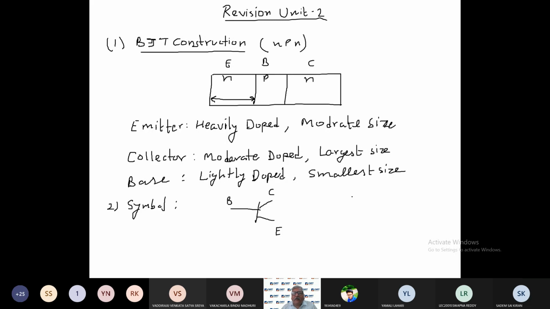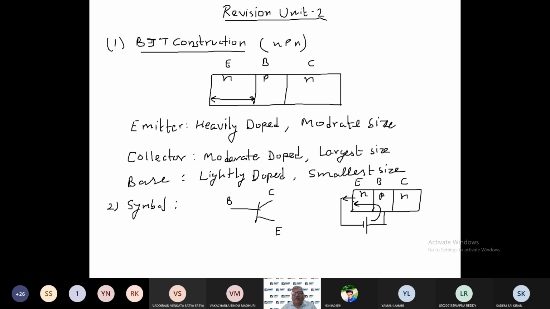This is NPN: emitter, base, collector. Emitter and base you forward bias. Then see the direction of current at the emitter terminal. Current will move from positive to negative like this.